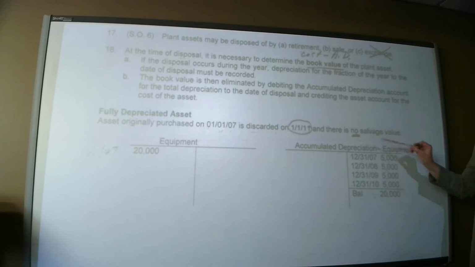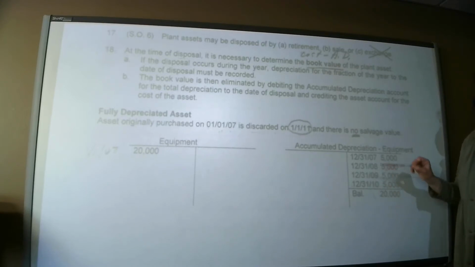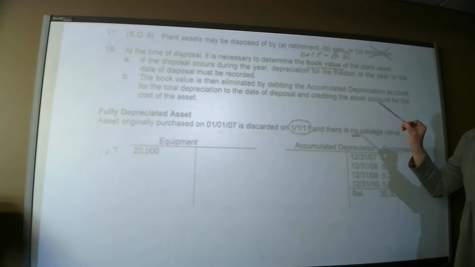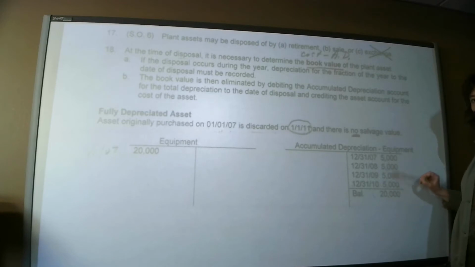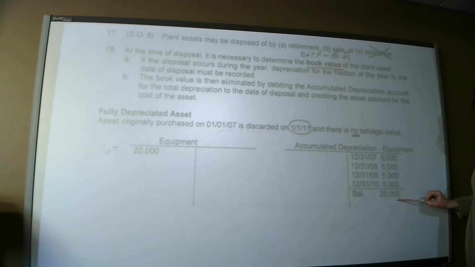If your salvage value is not 0 but 2,000, what do you think will be book value at the time of disposal in that case? Will it be 0? Because the formula will be what? 20 minus 2 divided by 4. So depreciation every year will be a little bit less, right? So what will be full depreciation then? Not 20, but rather what?